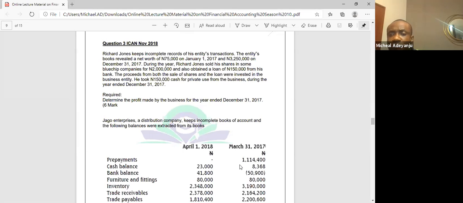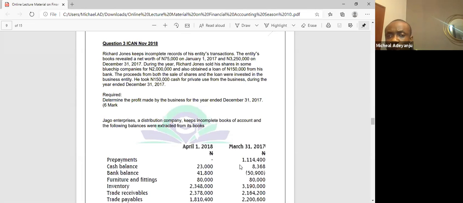During the year, Jones sold his shares in some blue chip company for 2 million naira and also obtained a loan of 150,000 naira from his bank. The proceeds of both the sale of shares and the loan were invested into the business entity.